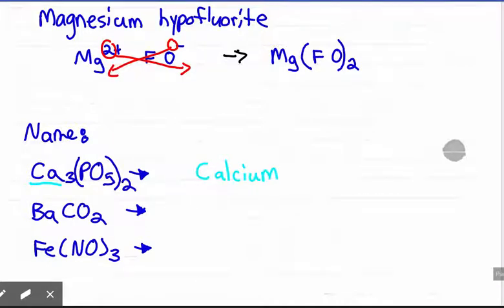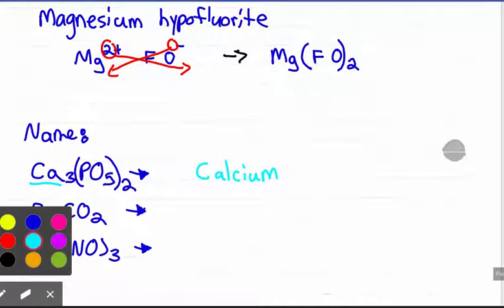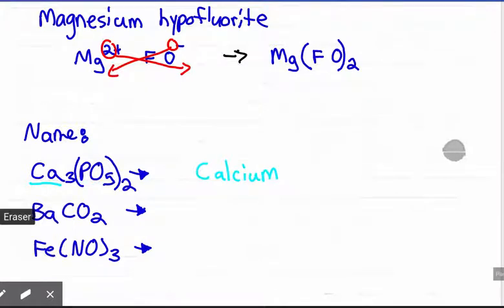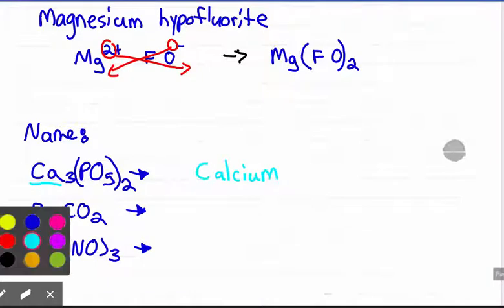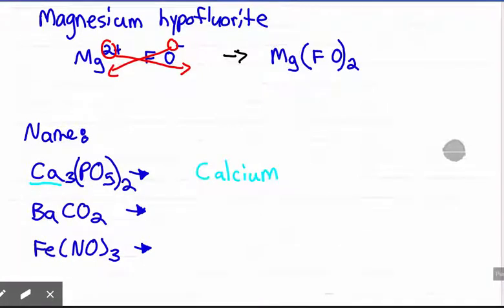And then we notice right away that we have a PO5 in brackets. Now you should immediately recognize that this is a polyatomic. If you've memorized the ates, this is going to be very easy for you because you know that phosphate has 4 oxygens. So this has 5.